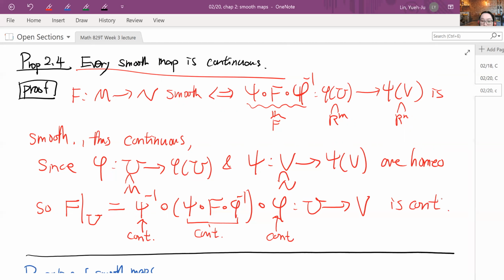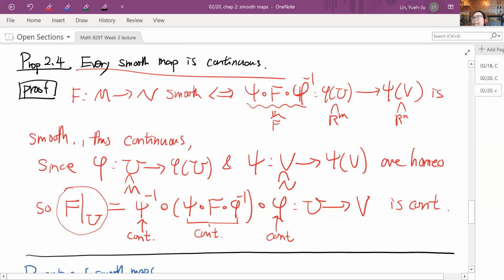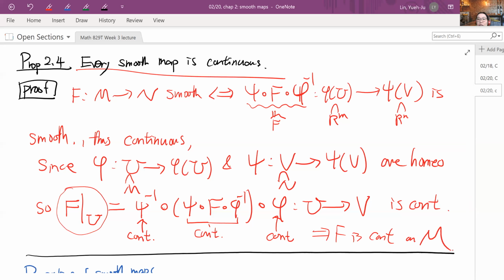And because you can choose any charts, essentially, because capital F is continuous in each open neighborhood, it's going to tell you that F is continuous on the whole M. So this just takes advantage of the homeomorphism, the coordinate charts we already have, nothing fancy, and plays around with the definition.